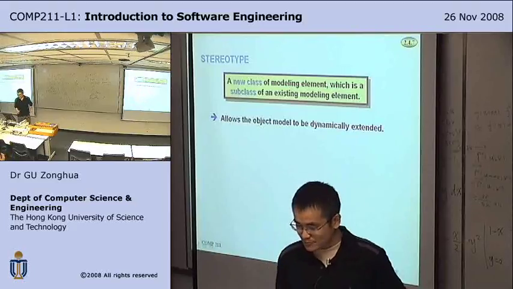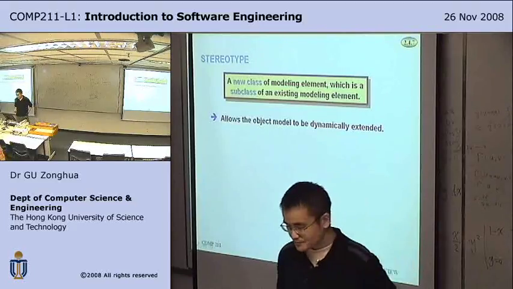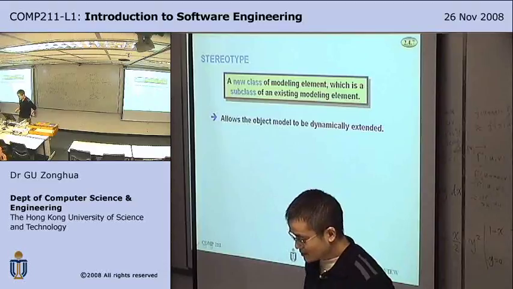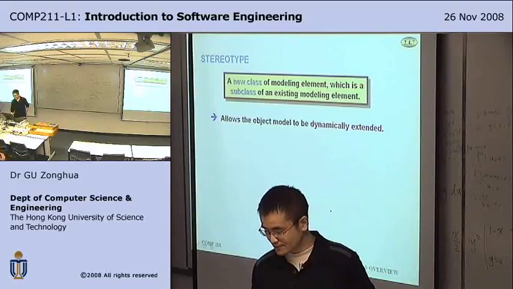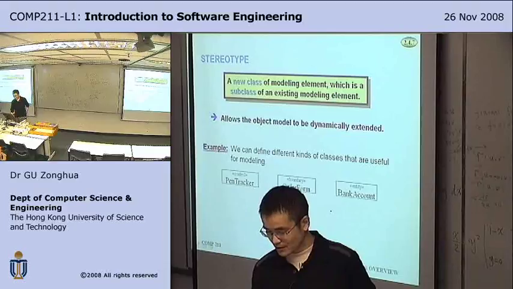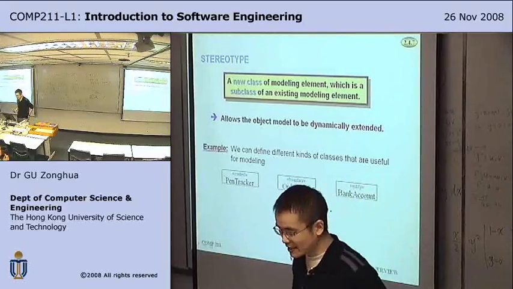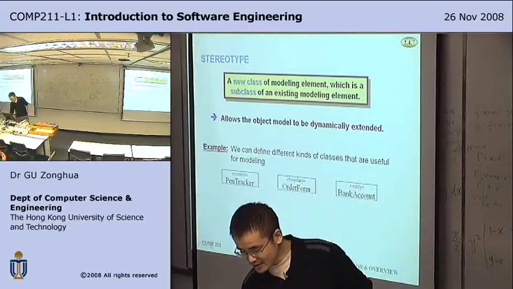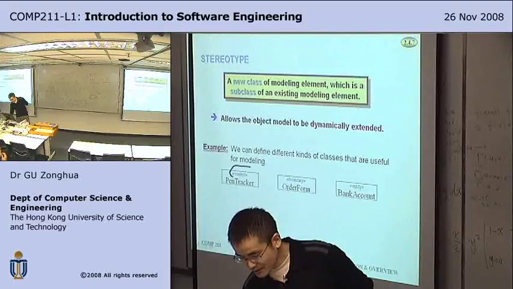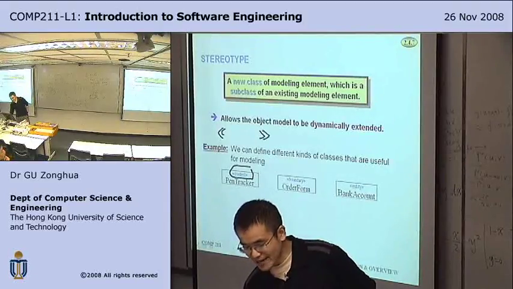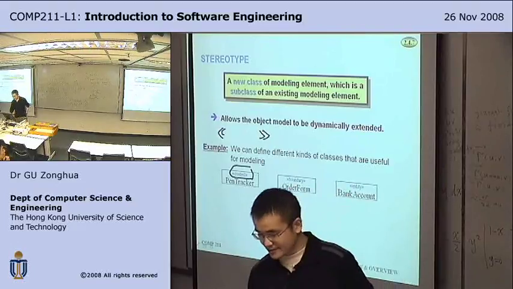So a stereotype is an annotation to dynamically extend classes to denote that some class is a special class. The notation is this: angular brackets with the keyword inside.